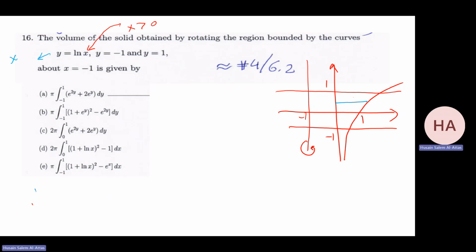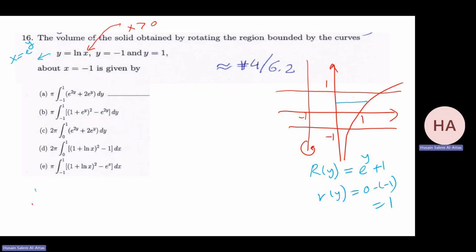That will be x equals e to the power y. So the outer radius is e to the power y minus -1, which is e to the y plus 1. And the inner radius will be 0 minus -1, which is 1.